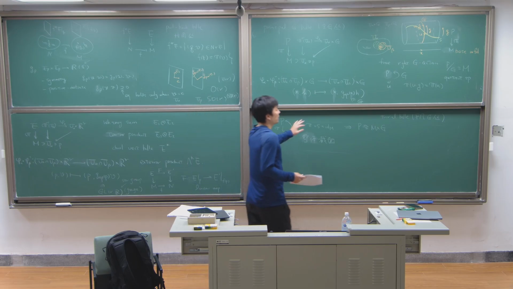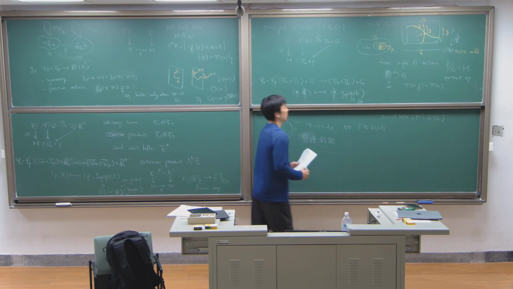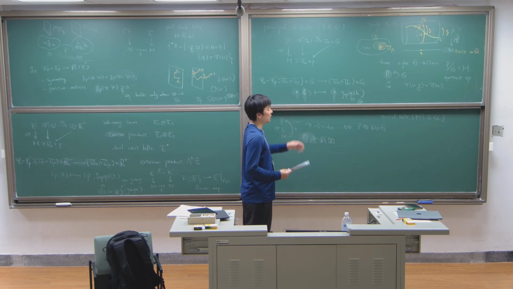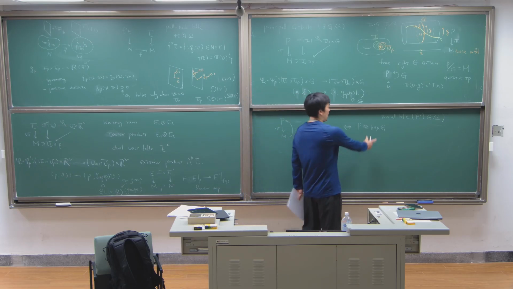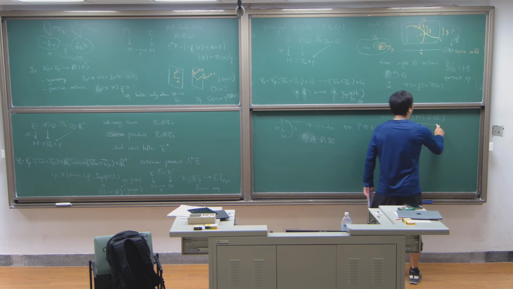The reason is that this is an if and only if. If you have a trivial bundle, it's easy to get the global section.